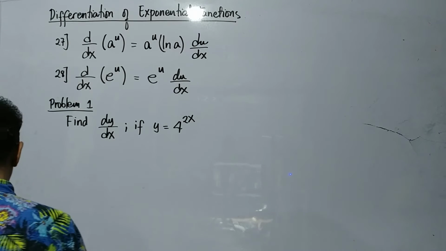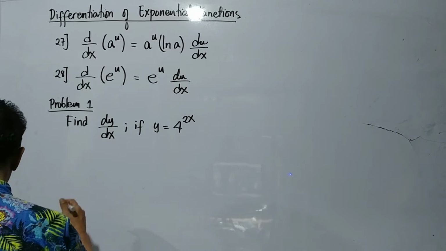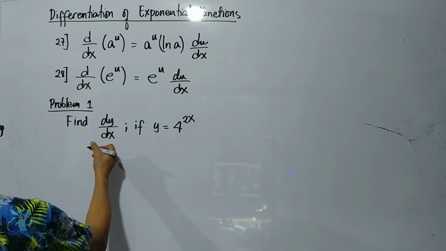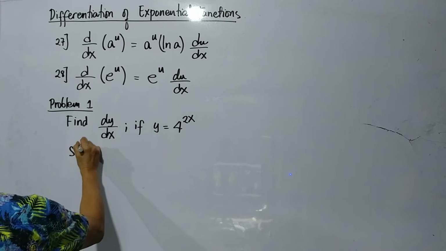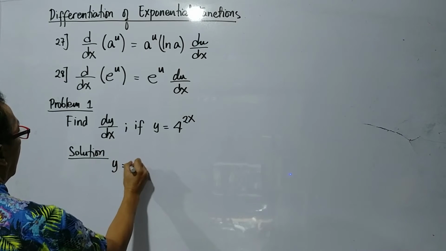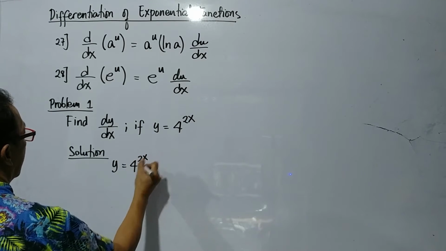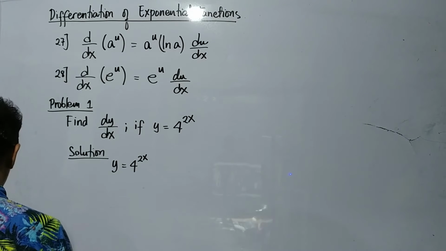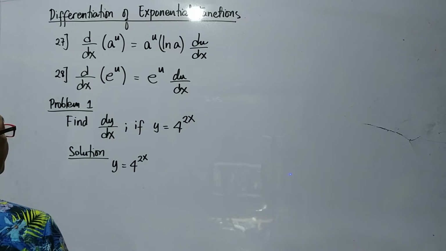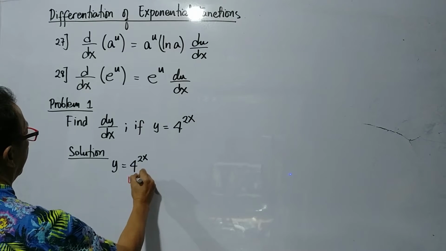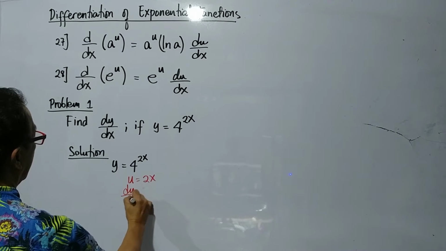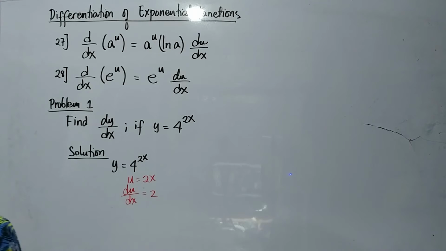To solve it, y equals 4 to the 2x. Our u here is 2x. Our du dx is equal to 2.